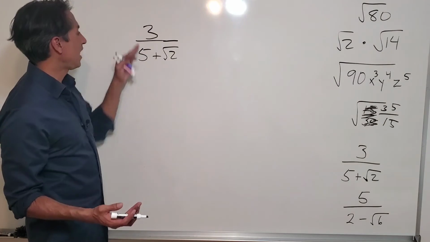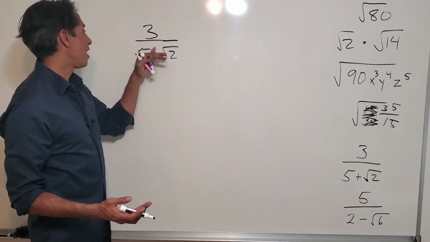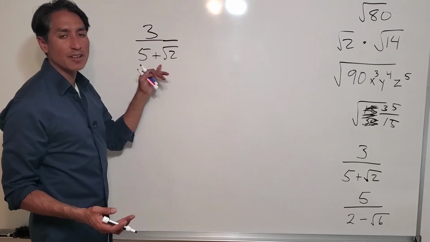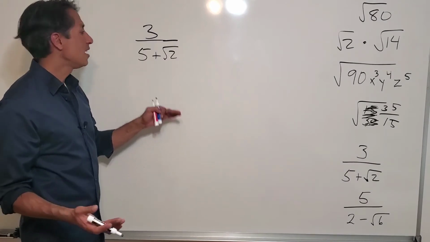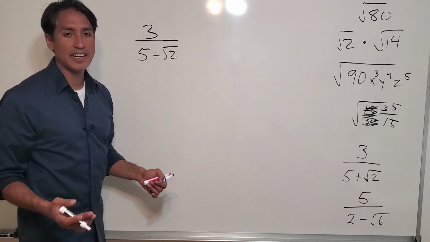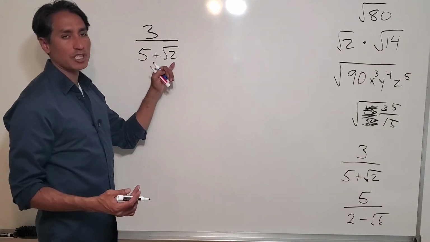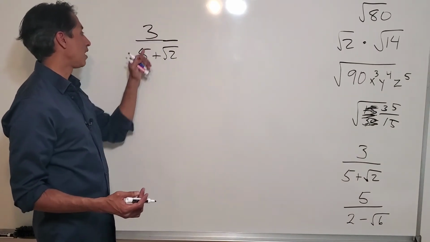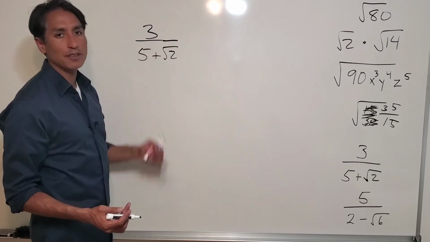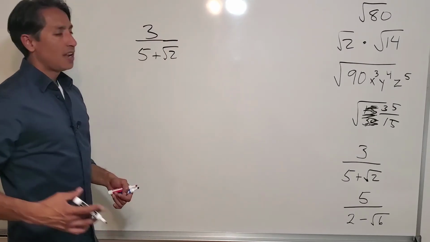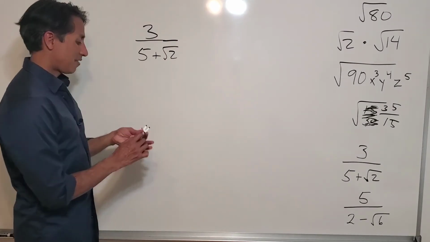So I can't just cancel out of this because, one, this is a part of something else, and another telltale sign is that there's a plus sign here, not a multiply. If it was 5 times square root 2, and let's say I had a 5 up here, then yes, you could absolutely cancel that.